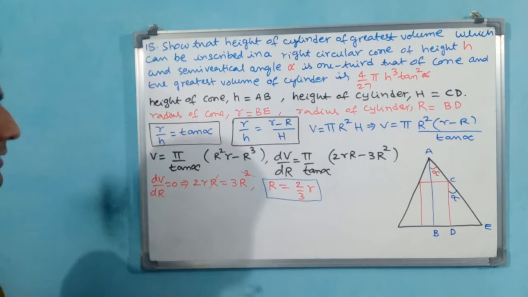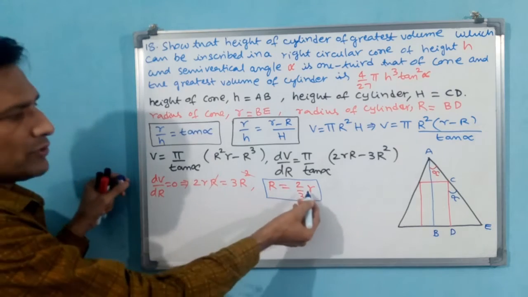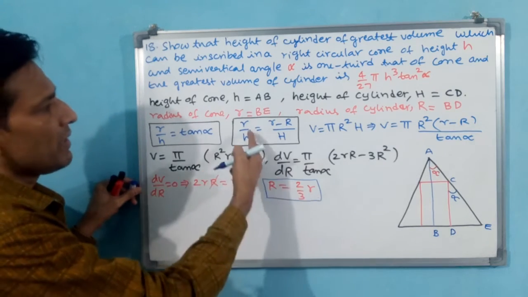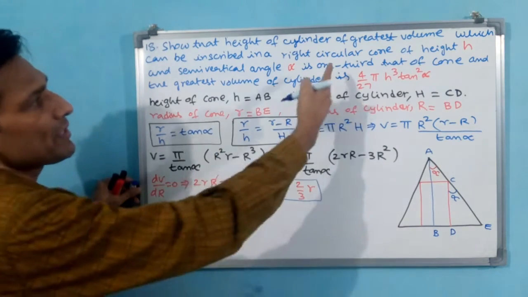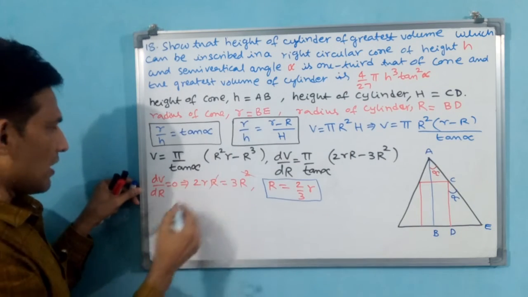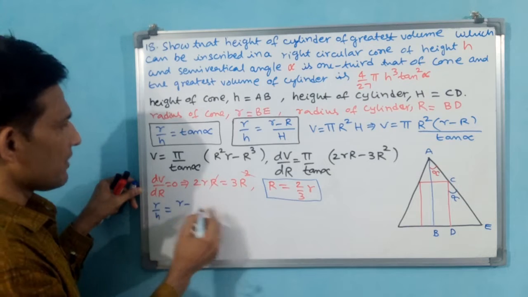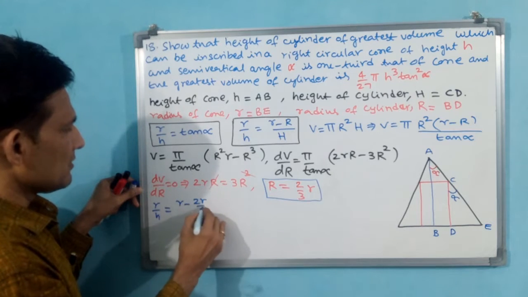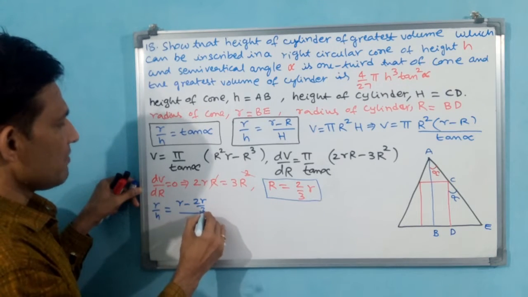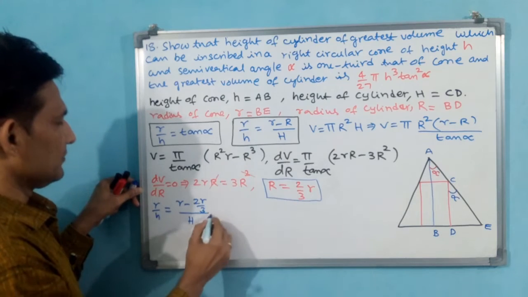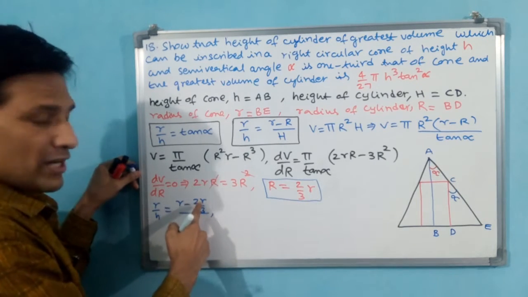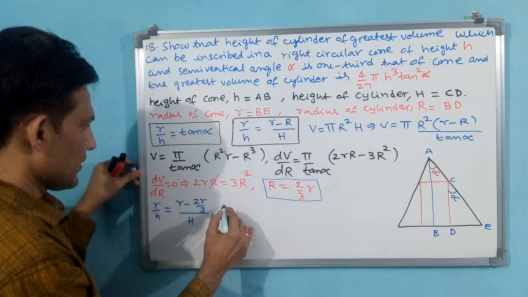Okay. Let us see. Now you see, R is equal to 2 by 3 r. R has come. But the h formula I am taking this. See how? Because I have to prove 1/3 of the height. You see, r minus h. R by h is equal to r minus 2r by 3 divided by capital H. You see, 3r minus 2r, r by 3.